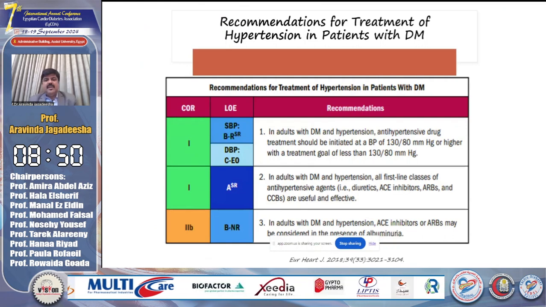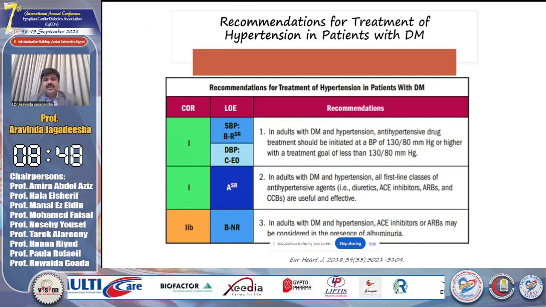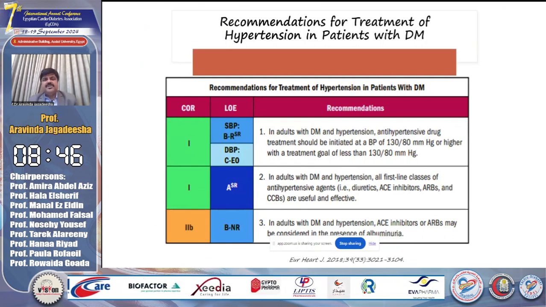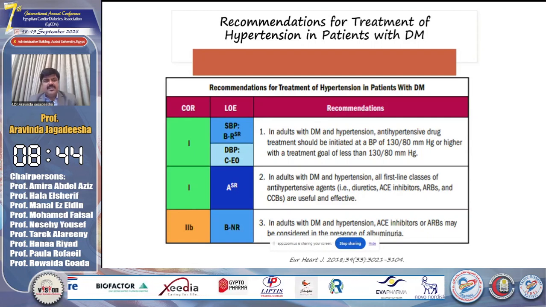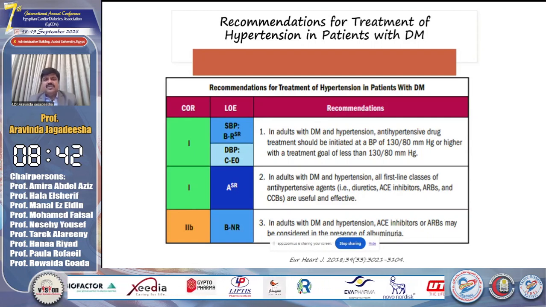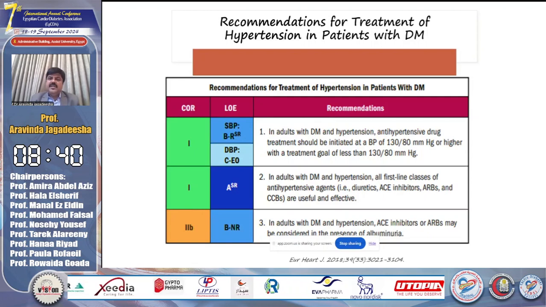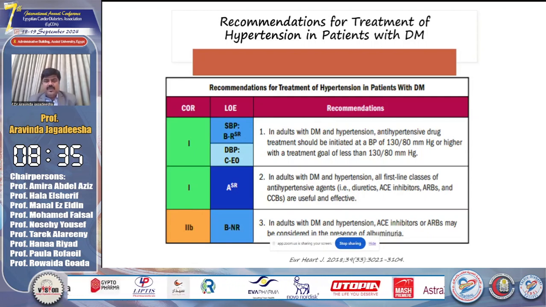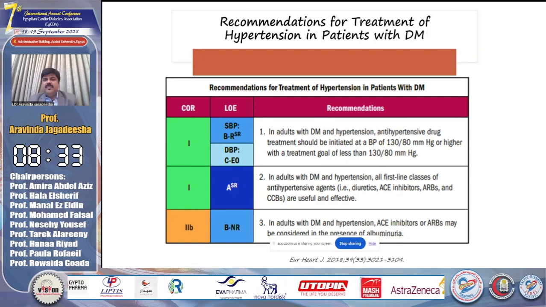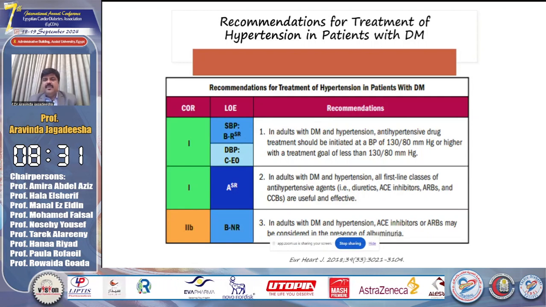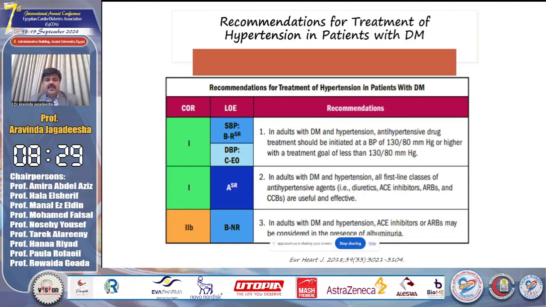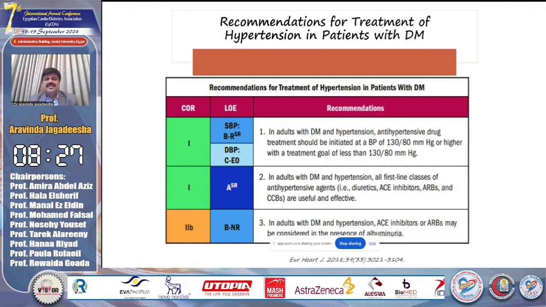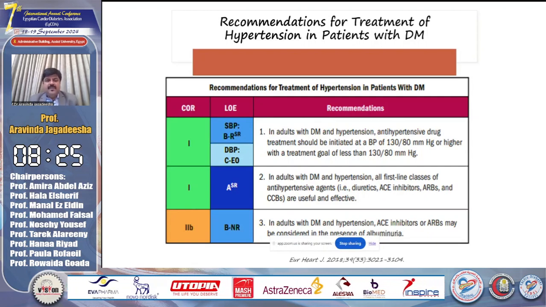So, this is the recommendation from the European Heart Journal for the treatment of hypertension in patients with diabetes. You can see here once again, in adults with diabetes and hypertension, antihypertensive drug treatment should be initiated if the BP is 130 by 80 millimeter of mercury or higher, with the treatment goal of less than 130 by 80.